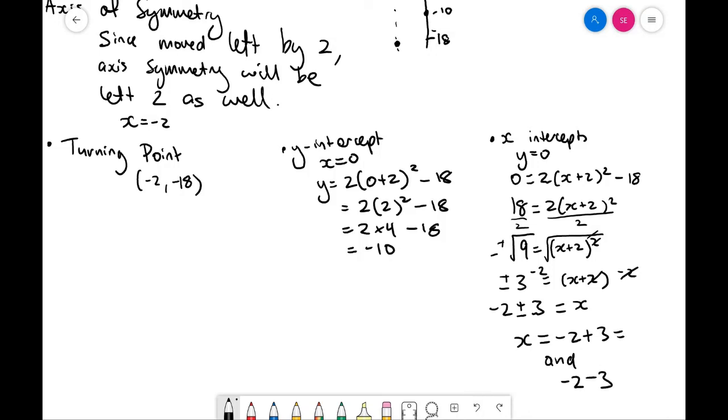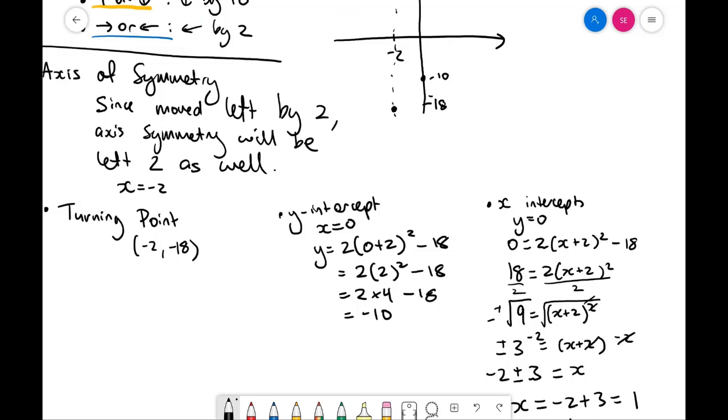So that's minus 2 plus 3 is 1, and minus 2 minus 3 is minus 5. So the x-intercepts are 1 and minus 5. So we know it's going to pass through these 4 points.